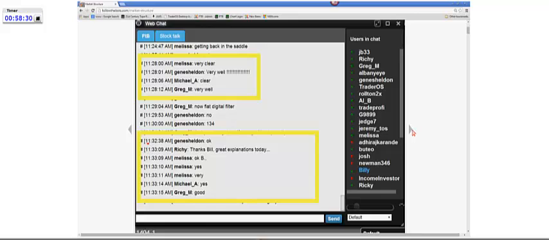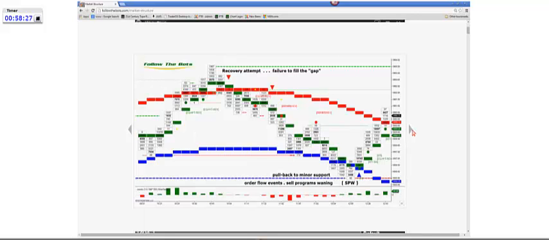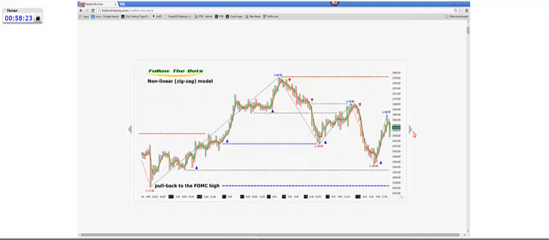I want to go into now some of the work we do on the macro side of the market. What we're showing here is a nonlinear zigzag model, and I'm sure many of you are familiar with the zigzag indicator.